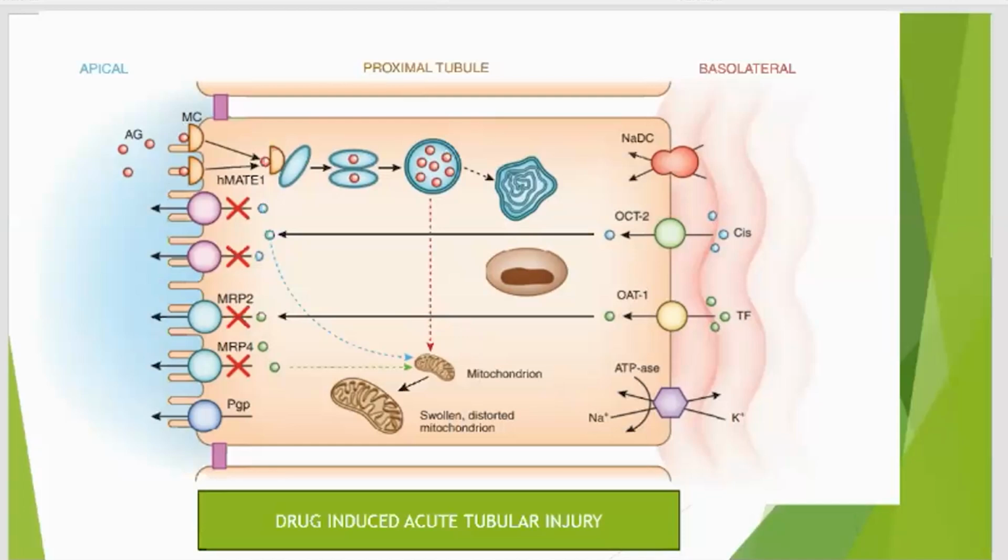As we can see, cisplatin enters the cell from the basolateral membrane via OCT2, organic cation transporter 2, and then it is effluxed via the MATE1 transporter. So when the concentration increases, that is when it causes injury.